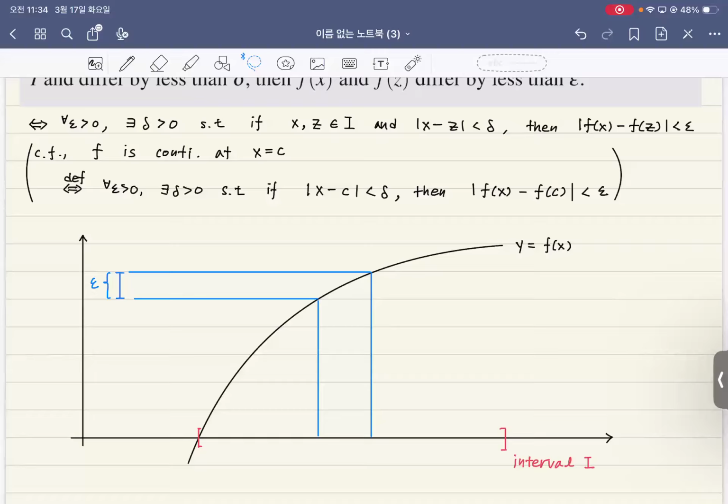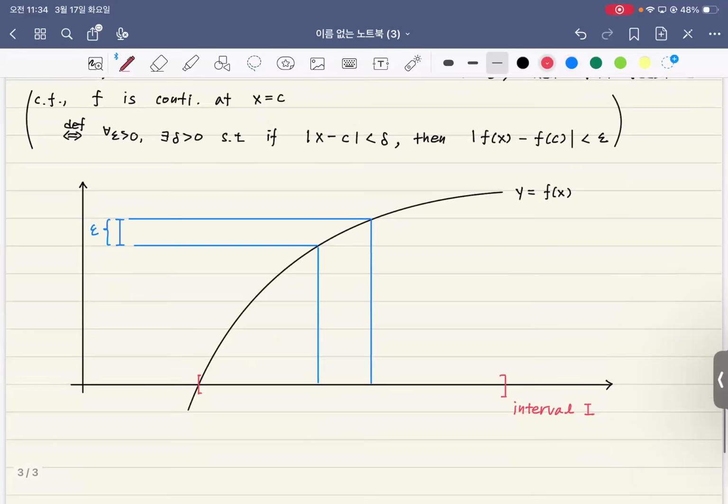No, not exactly. Say that this is my x, and this is my z. Even though the length of this line segment is my delta, this delta does not work for any such pair of points.